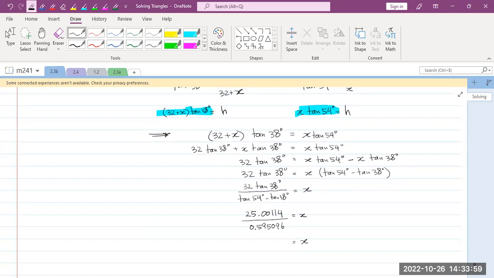And I have 25.00114 divided by that answer. I get x equals 42.01192. Okay, now that's for example 4 in this 2.3.